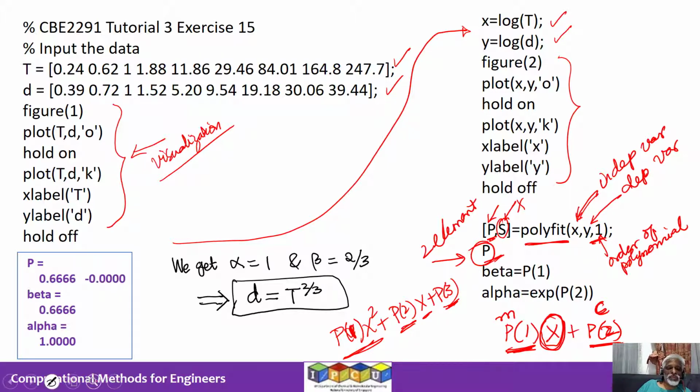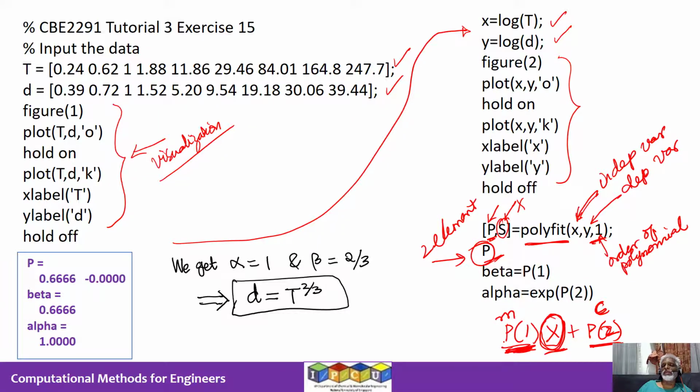In any case, here we have fit only a first order polynomial, so P has two elements. The first element is the coefficient of x, and the second element is the constant term.